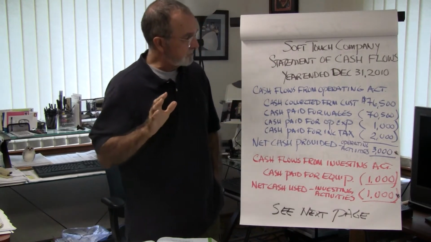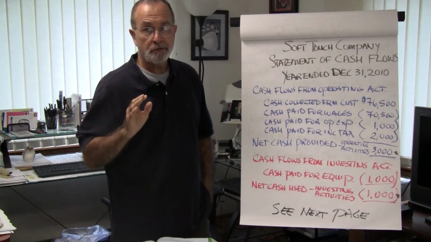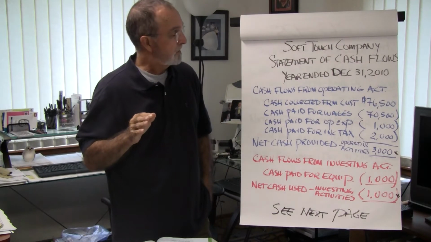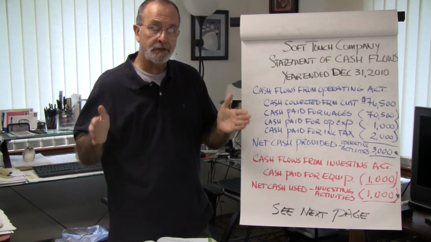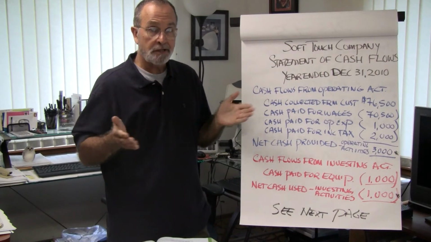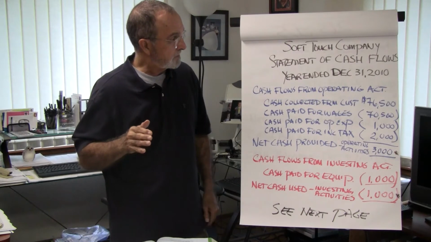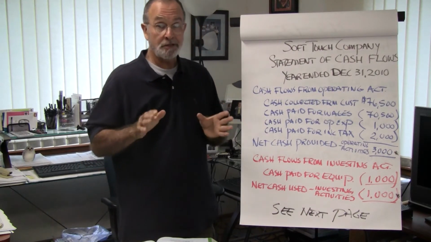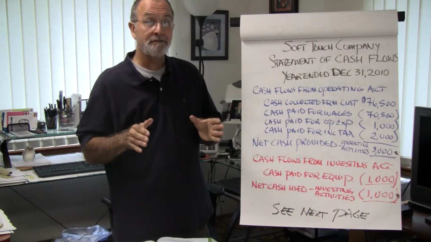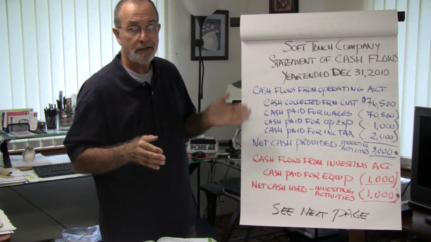And just as for the income statement and the statement of owner's equity or statement of shareholders' equity, the statement of cash flows always looks at a period of time. In this case, the year ended December 31, 2010. Keeping in mind again that the balance sheet is always as of a specific date, usually the end of the accounting period that is being reported on.